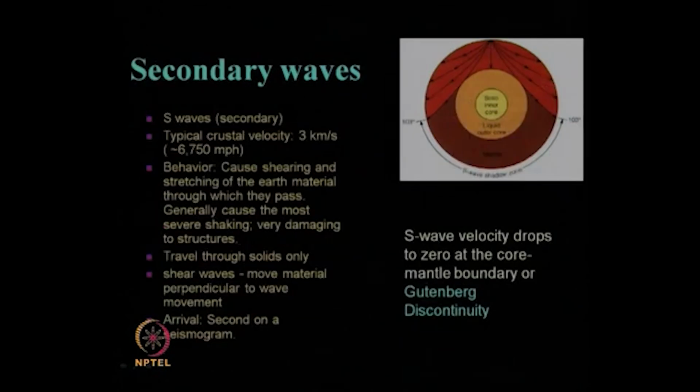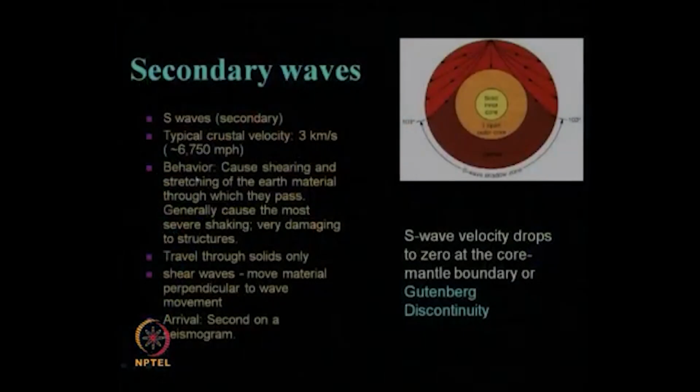Then we have seen the basic characteristics of the secondary wave or shear wave. Their typical crustal velocity we have seen is about 3 km per second, and in this case it causes shearing and stretching of the earth material through which they pass. And one important characteristic of this secondary or shear wave is that they can travel only through solid media, they cannot travel through liquid or gaseous media.